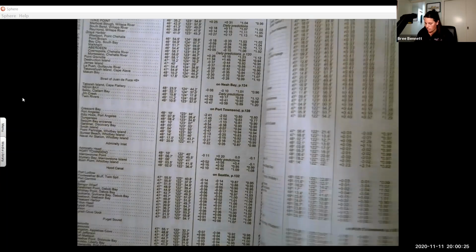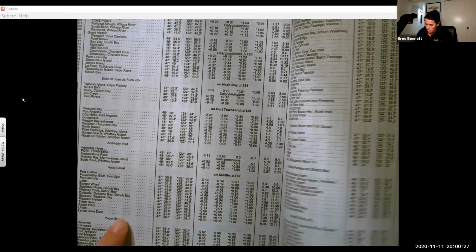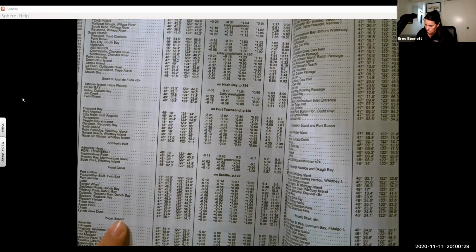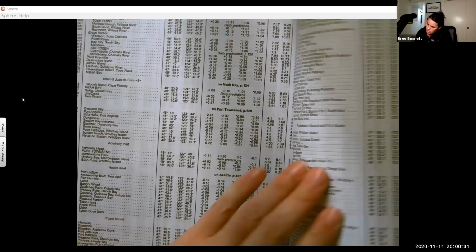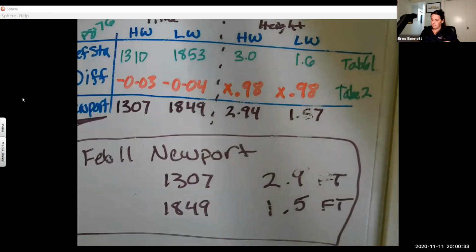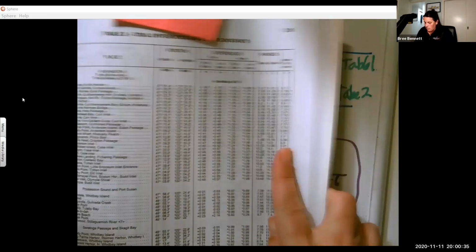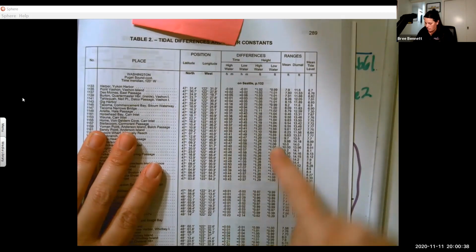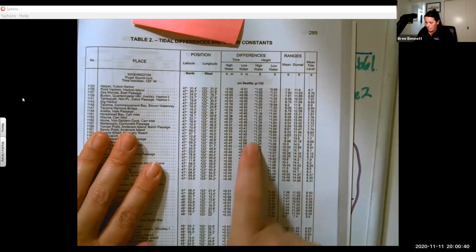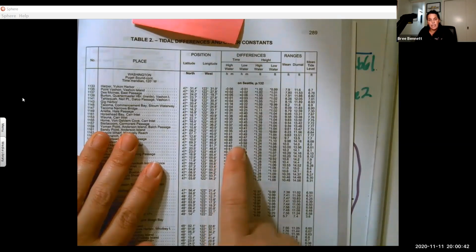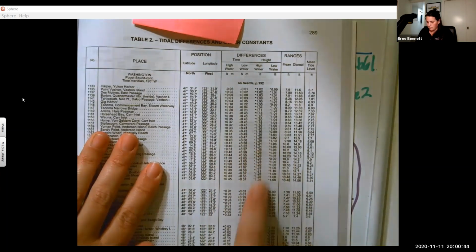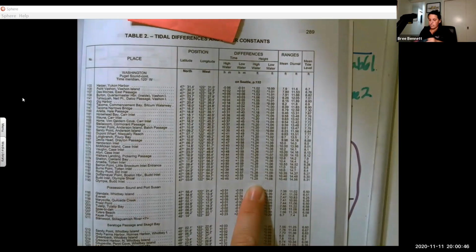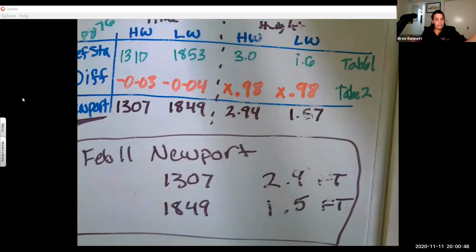If we go up to Puget Sound, there we go, some bigger differences. There are a lot of factors on here, but yes, bigger differences in time and in factors. So for us in the Los Angeles area, it's pretty minimal.